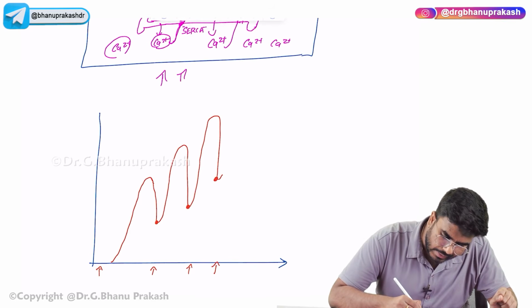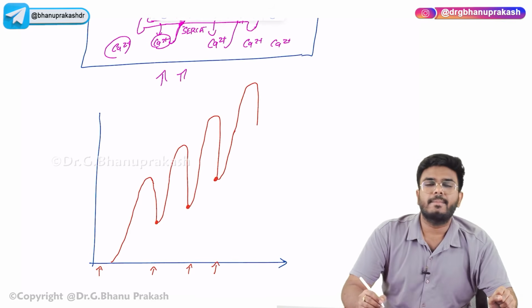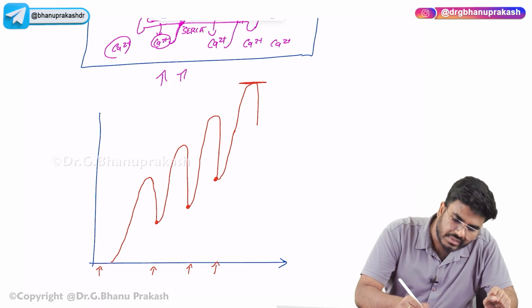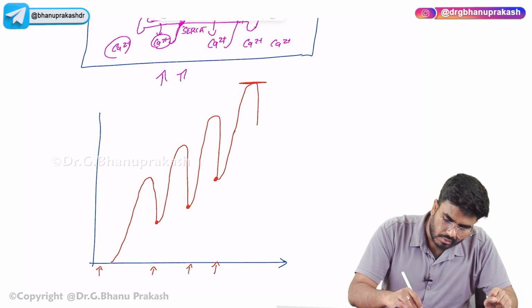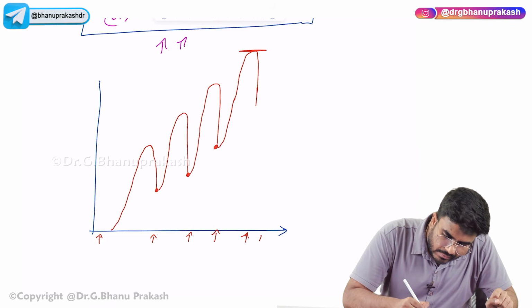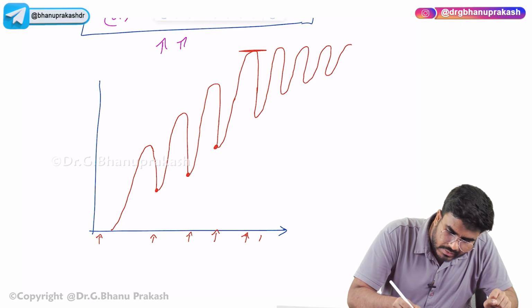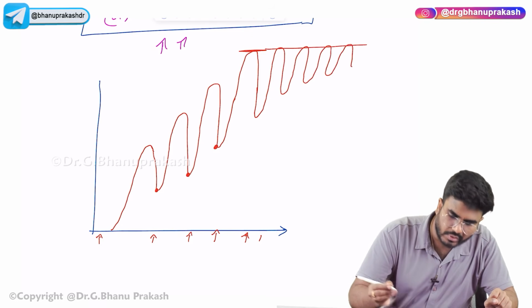Again muscle will contract. Now the 4th time, see, it is generating even more force. Now from here onwards you stimulate again and again. See what happens: the force of contraction is going to be stable.